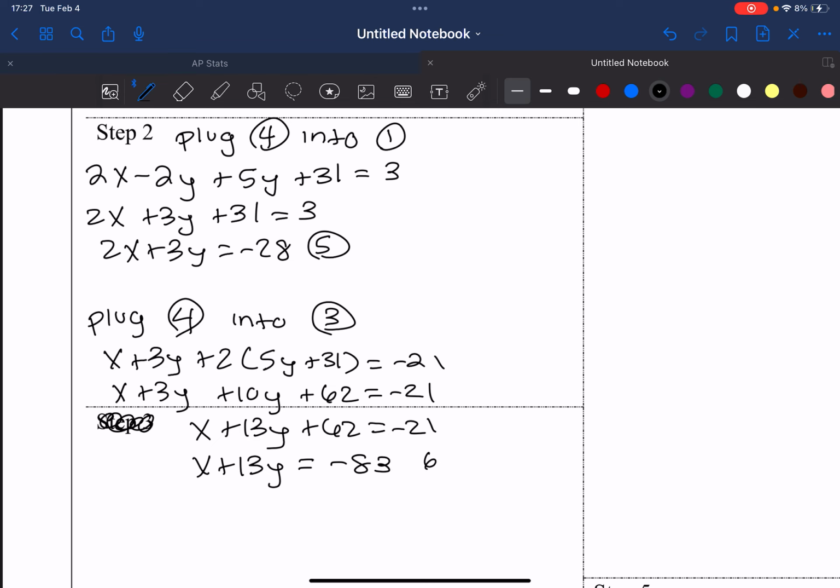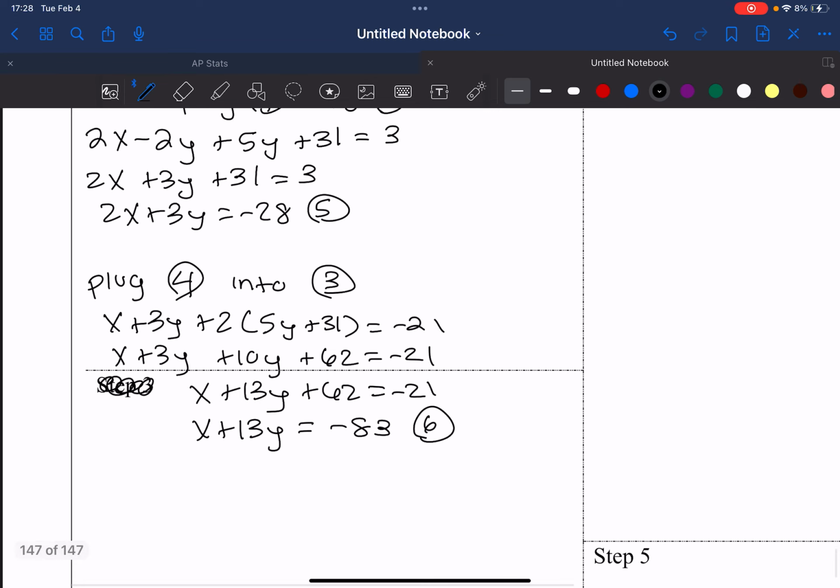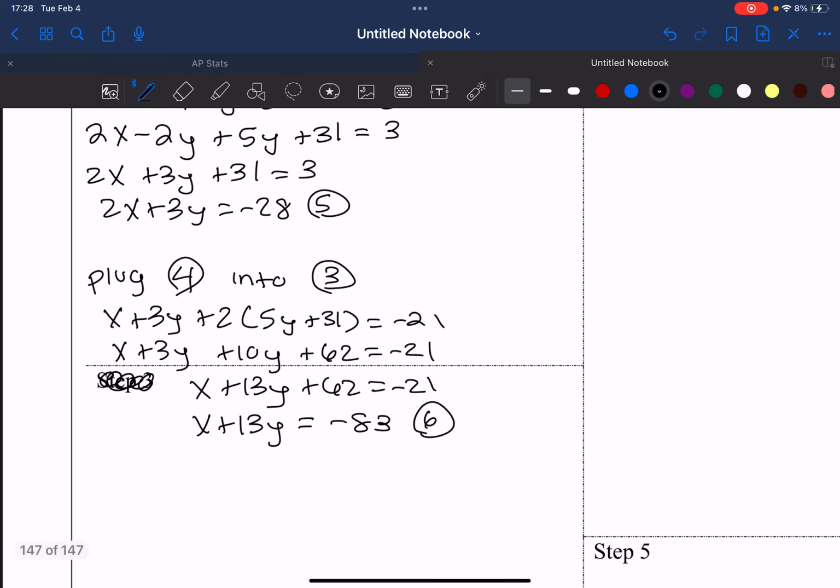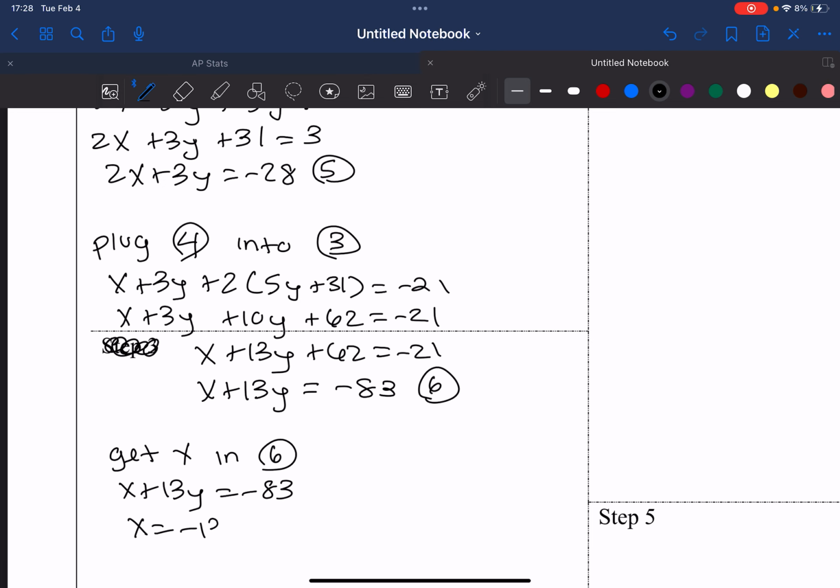That's equation 6. Now from equation 5 and 6, I'm going to pick one to get a variable by itself. Well, the easiest one to do that is 6. So I'm going to get x in 6. So x plus 13y is equal to negative 83. So x is equal to negative 13y minus 83. This is equation 7.